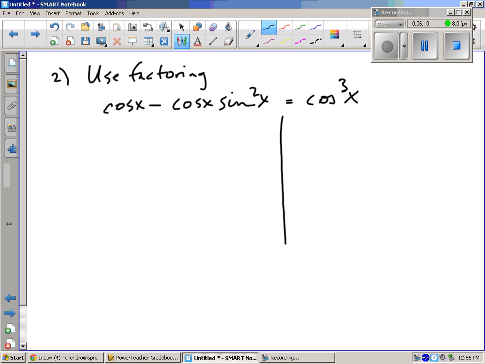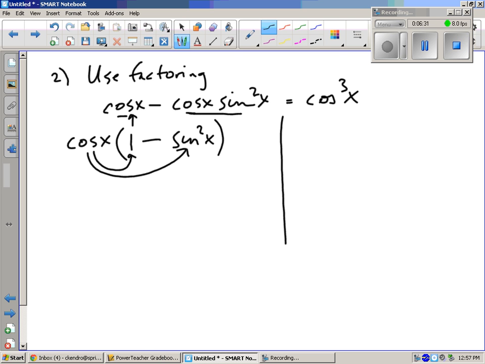Working on the left side, what do they have in common? Looks like they each have a cosine, so I'm going to take that out front. And what's left is 1, because cosine times 1 gave me this cosine, minus sine squared. Because if I distribute, I will get that. Notice over here I only have one thing, so I've got a parentheses here I need to change. The other problem we just had was sine squared plus cosine squared equals 1.